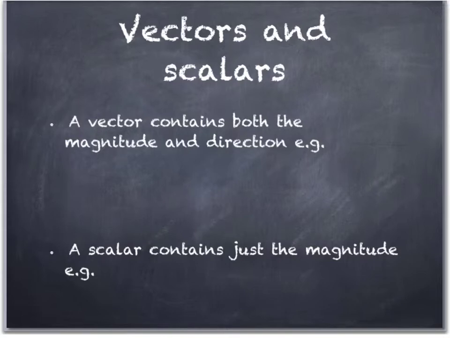Now we've been talking about terms that have a direction associated with them or don't, and there are some fancy words for these. A vector is something that contains both the magnitude and the direction. The magnitude would be like the number. So for example, let's just say 35 kilometers per hour east. Okay, so if we give it a direction, if we say it's east, then it's a vector.